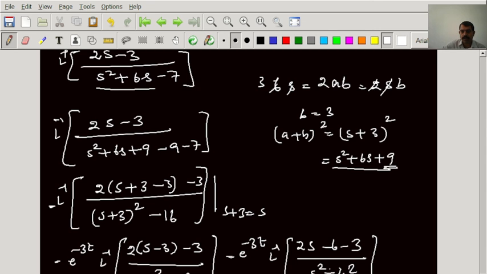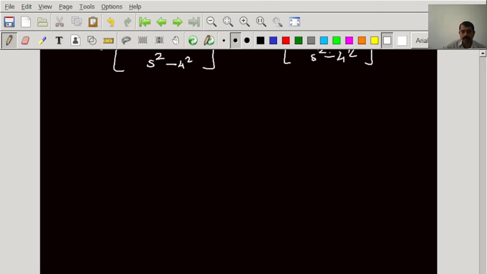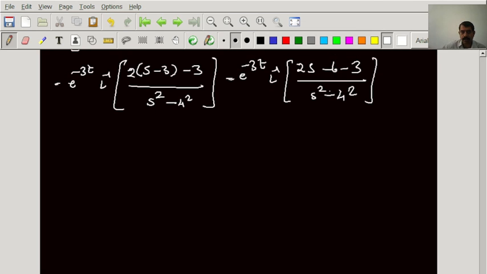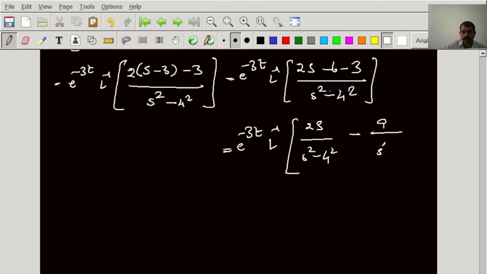We split the terms. e power minus 3t inverse Laplace of 2s dividing by s square minus 4 square minus, we take common, 9 by s square minus 4 square.